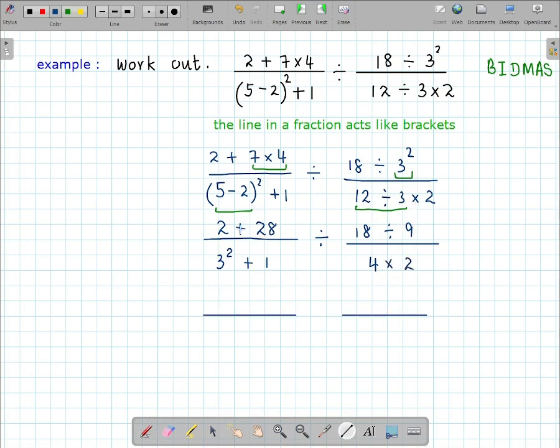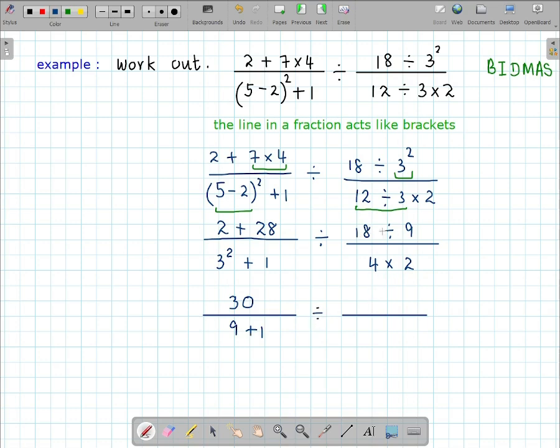So in this fraction numerator it is 2 add 28, that is 30. In the denominator we have indices, so 3 to the power 2, that is 9, 9 add 1, division.